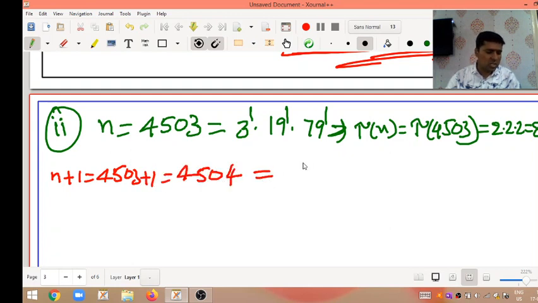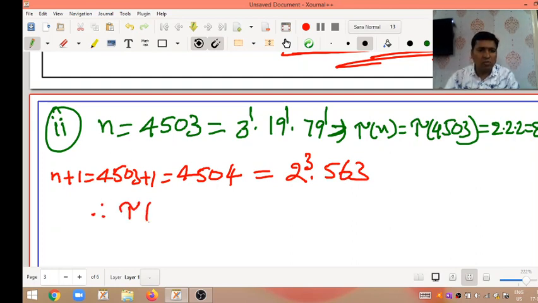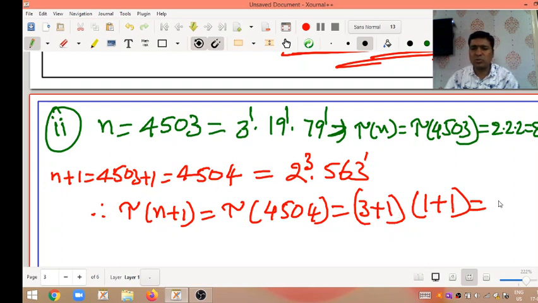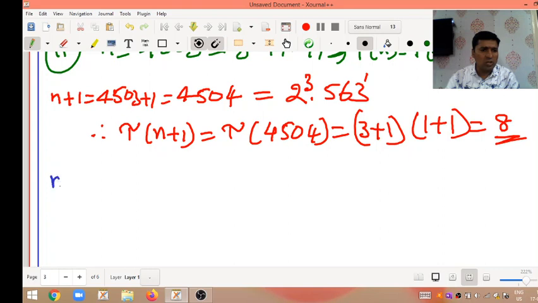This is nothing but 2 cube into 563. Therefore, d(n+1) is equal to d(4504), which is nothing but the powers: k1 plus 1 means 3 plus 1, into k2 plus 1 means 1 plus 1. So that is 4 into 2, 8 will come here. 8. Okay, my students.